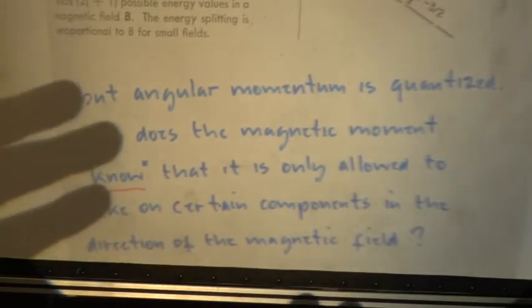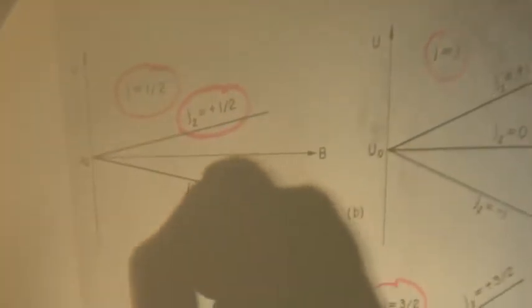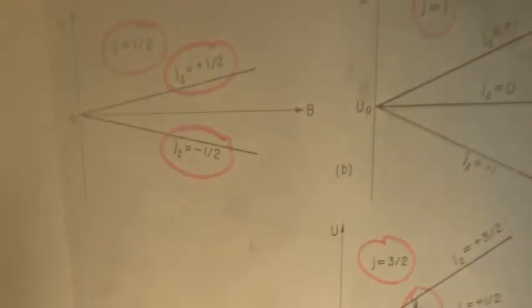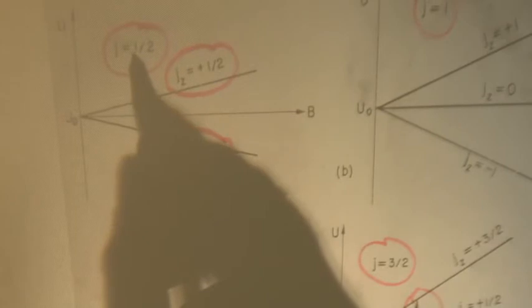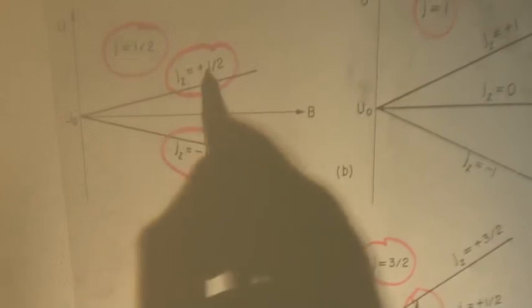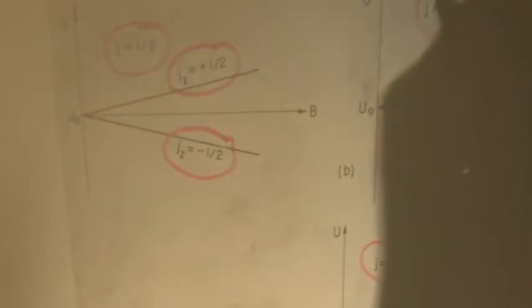Now in the Stern-Gerlach experiment, because there was a single electron outside the closed shells, you get a splitting between the spin up and spin down states. There's only one possibility. If your angular momentum is a half, it can either be plus or minus a half. If J was equal to 1, we get splitting into 3 states: J is 1, J is 0, J is minus 1, which is the kind of thing you'll have done in quantum mechanics.